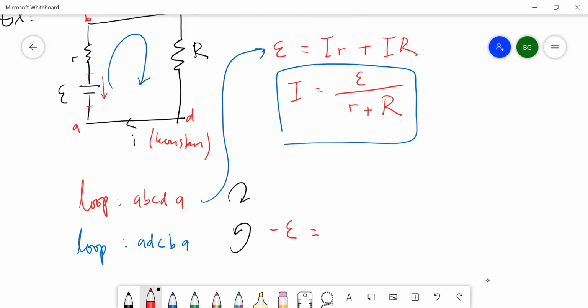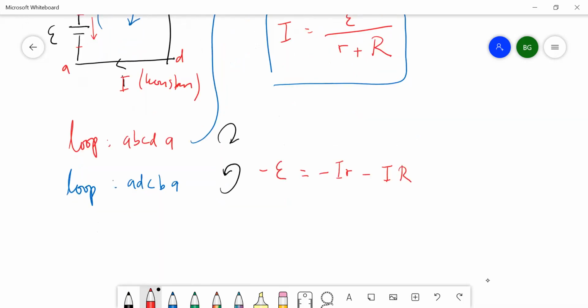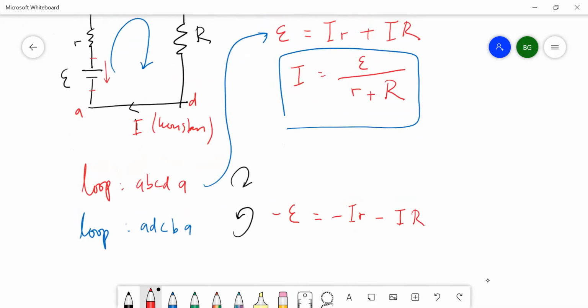And then because the direction of the loop is opposite to the direction of this current, it should be minus I capital R. So we get the same result again as above.